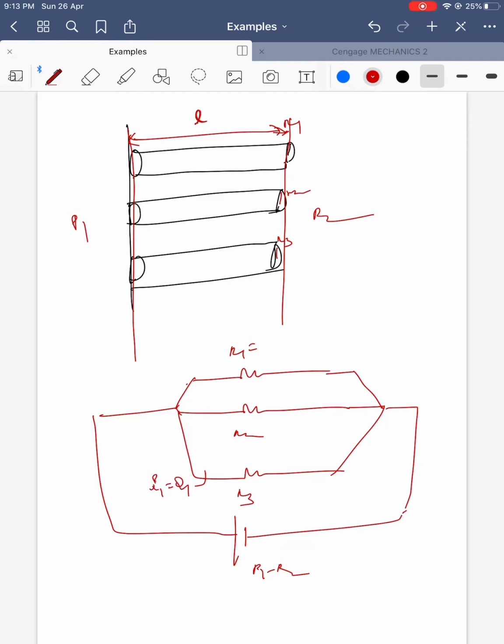I1 is nothing but volumetric flow rate Q1, I2 is volumetric flow rate Q2. R1 is 8 nu L by pi R1 power 4. R2 is equal to 8 nu L by pi R2 power 4.